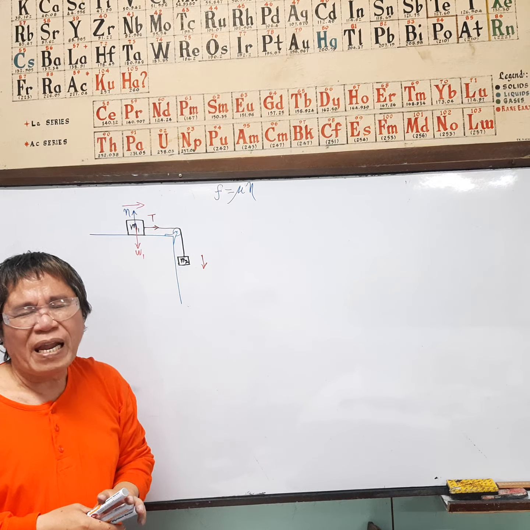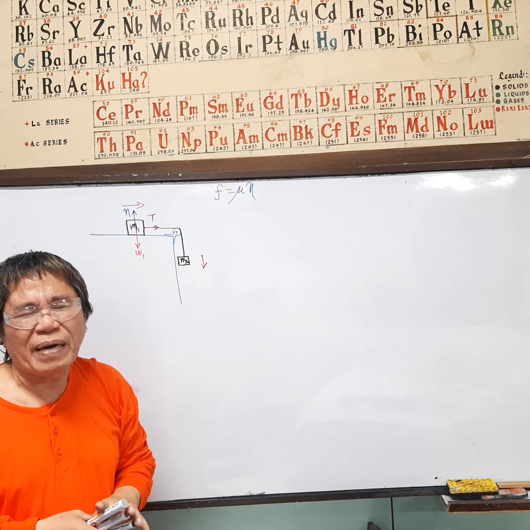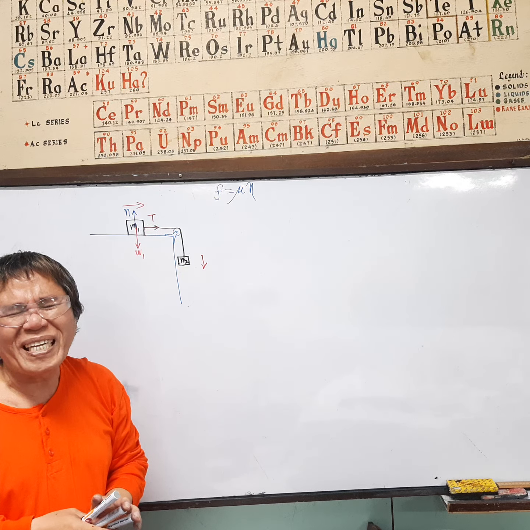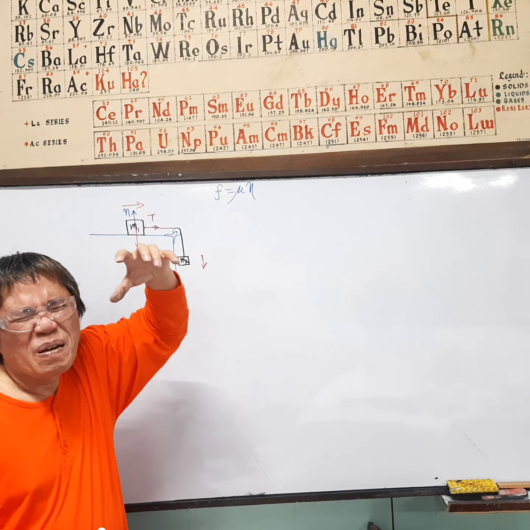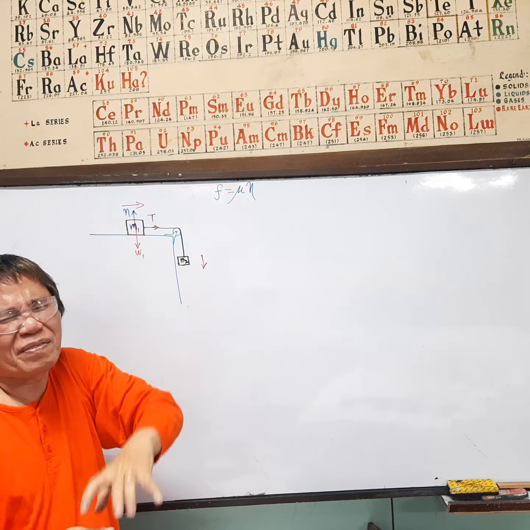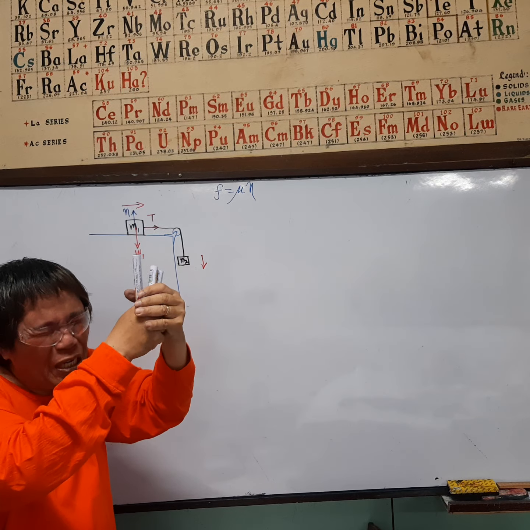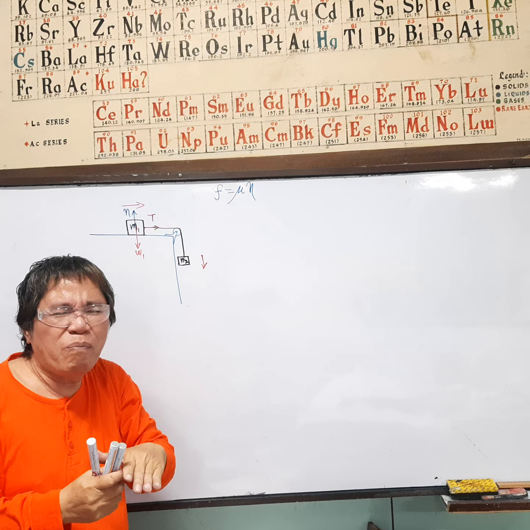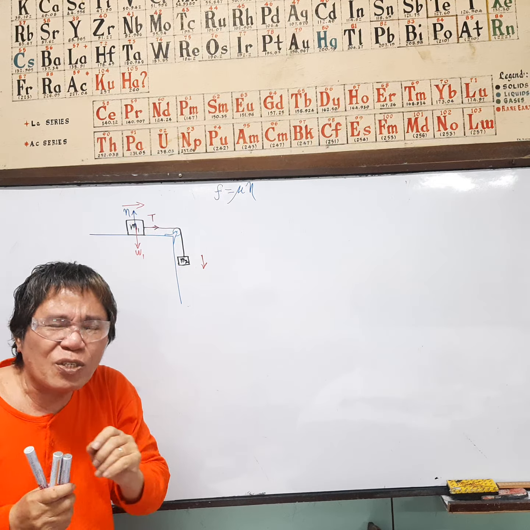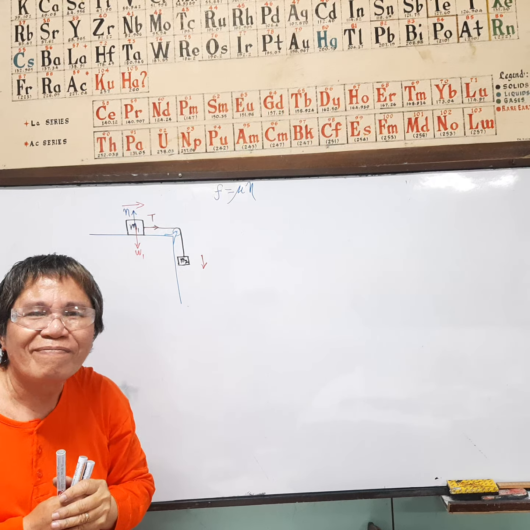Okay? The block exerts a force against the surface, and that force exerted by the block is what we call the weight. The weight is pressing down the block. The pull of gravity is pulling the block down. The surface where the block is lying reacts, and that reaction force is the normal force.